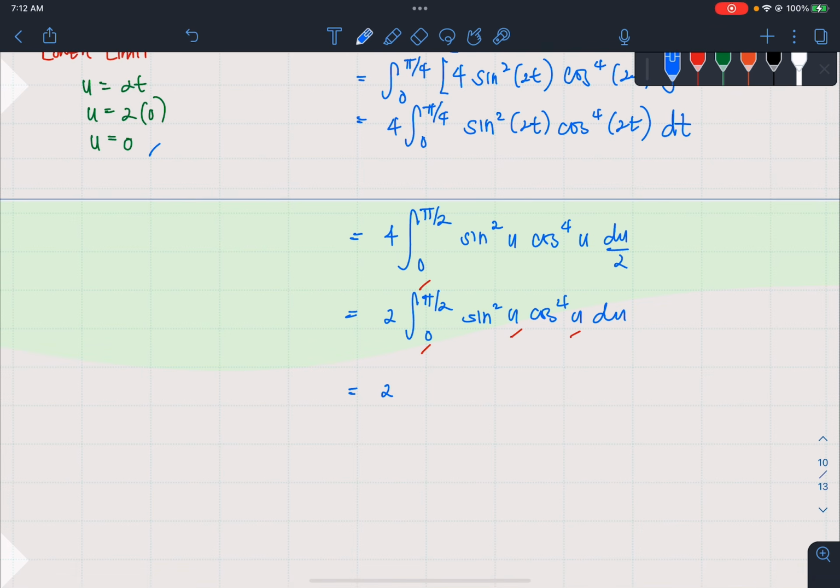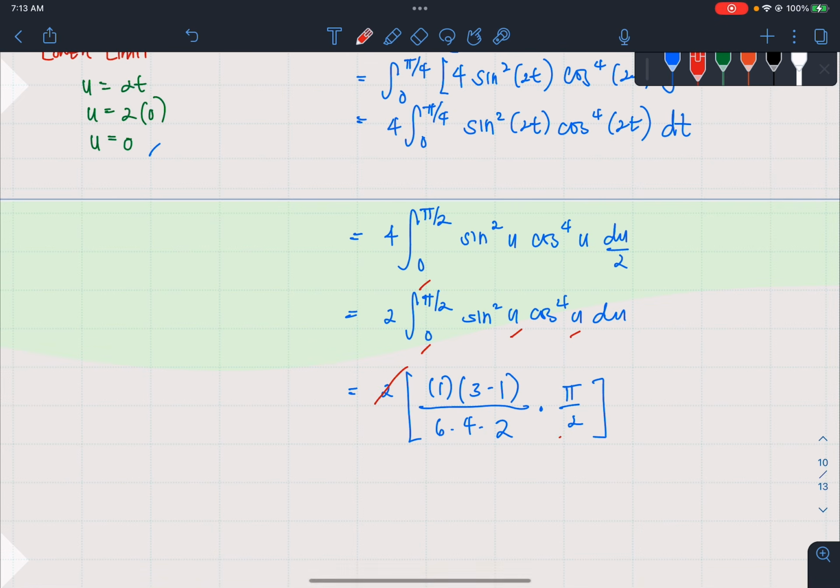So we can now write 2, then multiply it using the Wallis rule. So 2 minus 1, that is 1. We stop there. So 4 minus 1 is 3, minus 2 is 1. And the denominator will have 2 plus 4, that is 6, times 4, times 2. And since 2 and 4 are both even, we multiply by pi all over 2.